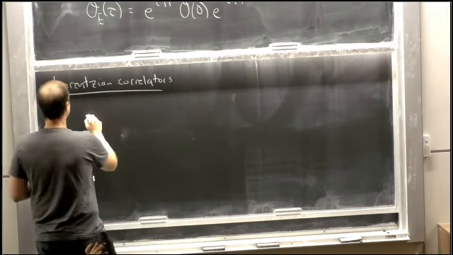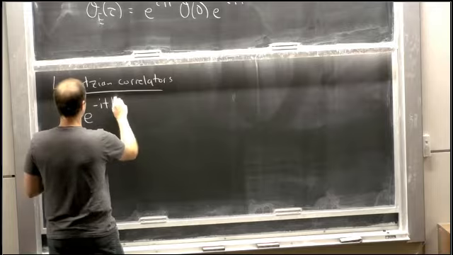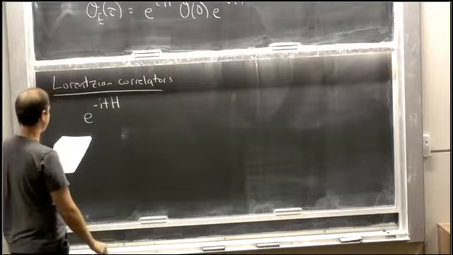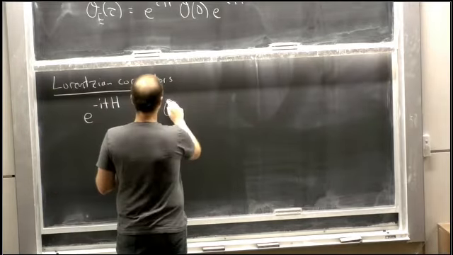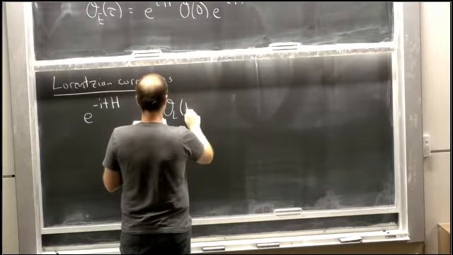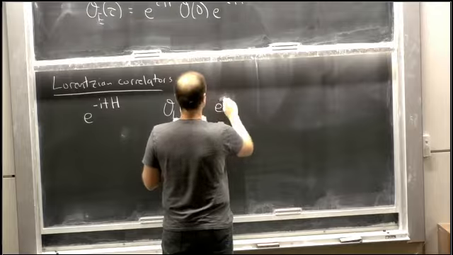So in this case, the time evolution operator is e to the minus I t times H. And the Heisenberg picture operators in Lorentzian signature are just defined by conjugating by this time evolution operator.